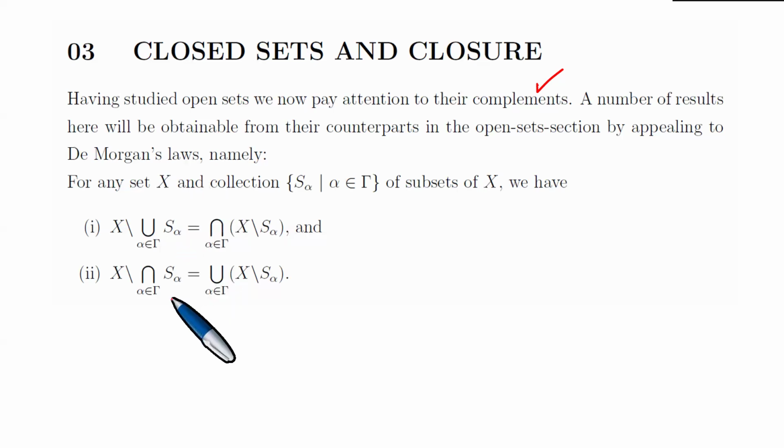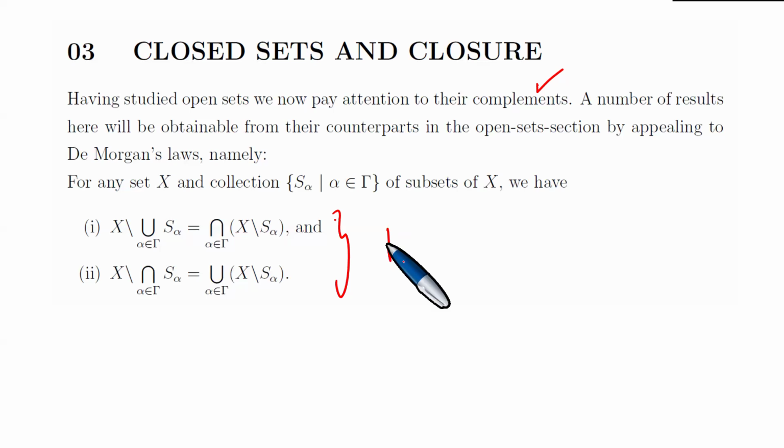We are able to see, therefore, that the complement of the intersection becomes the union of the complements. And once again, both of them are what we call De Morgan's laws.